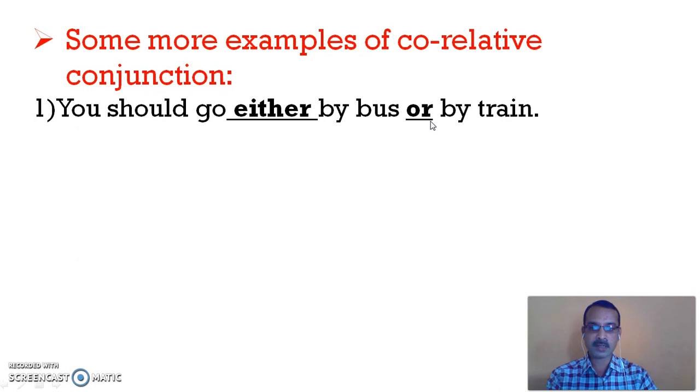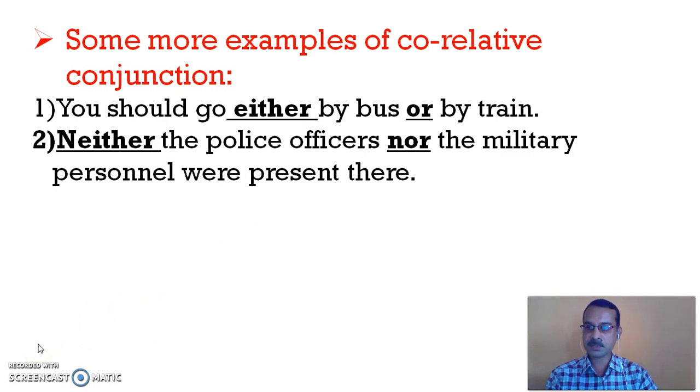For that matter, we need to remember the examples of correlative conjunctions. What are the correlative conjunctions? We should know, in that case only we can use them properly at their proper places. In the second example, neither the police officers nor the military personnel were present there. Actually, we have to understand the Marathi meaning of these examples as well, for logically applying the correlative conjunctions.